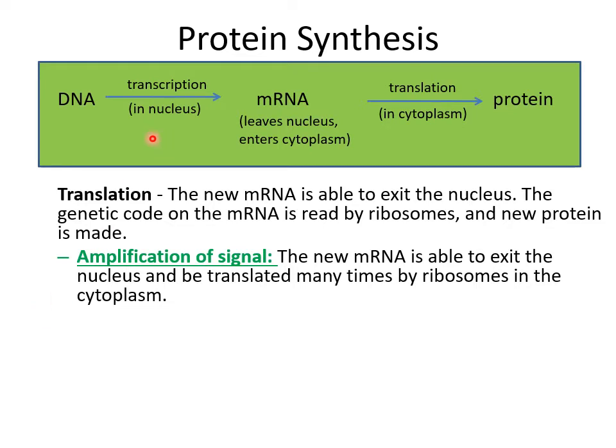If the hormone influences you to make an extra 30% of an mRNA, you have 30% more dopamine receptor mRNA, you are going to get much more than 30% more dopamine receptors, because each mRNA is reread by ribosomes multiple times. So there is an amplification of the signal.